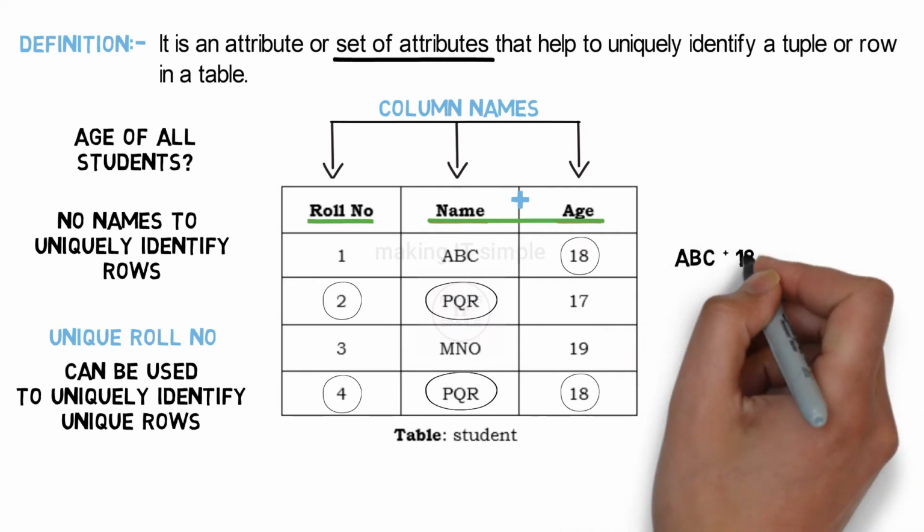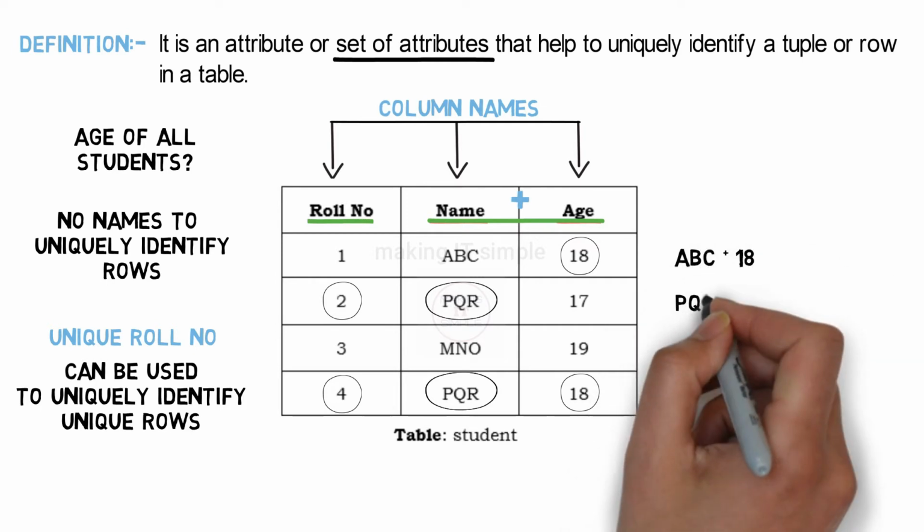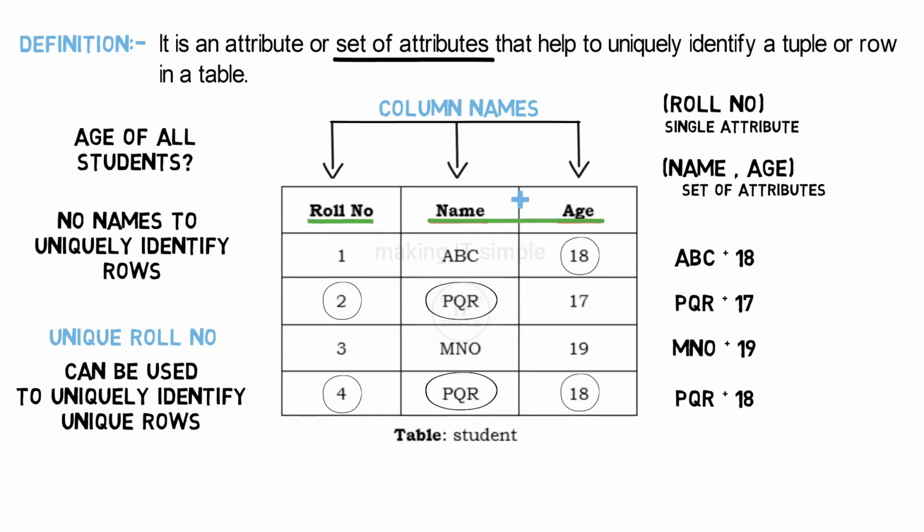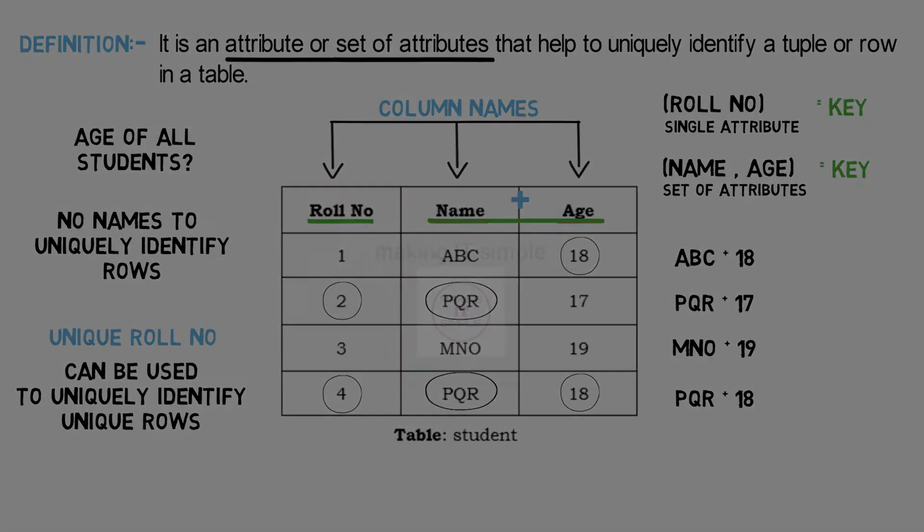But combining name and age, ABC and 18, PQR and 17, these combined we get unique values. There is no other duplication for these combined values. ABC and 18 is a unique value. Same is the case with PQR 17, MNO 19 and PQR 18. So roll number, or name and age, these attribute or set of attributes, can be a key for this student table. Therefore the definition: attribute or set of attributes.